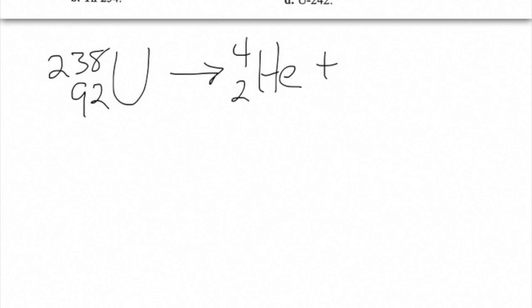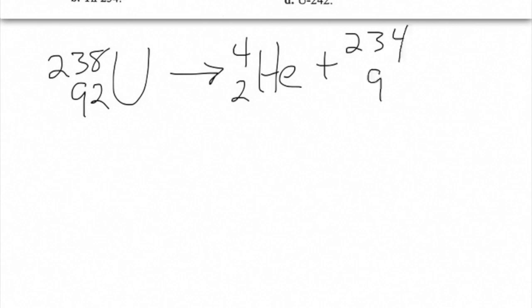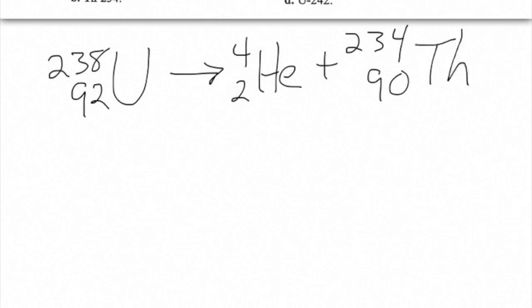Well, the other product is what's left over when you take away an alpha particle from the element that you started with. So I took 4 away from the mass number, so my new mass is going to be 234, and I took 2 away from the atomic number, so my new number is going to be 90. If you look that up on the periodic table, it's thorium. So the choice here is B, thorium-234.